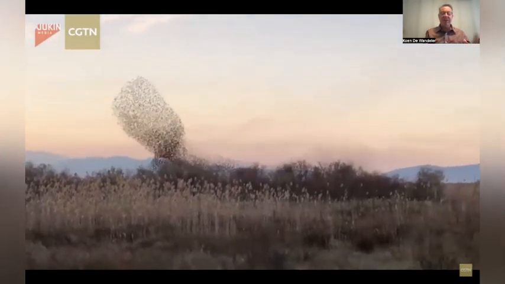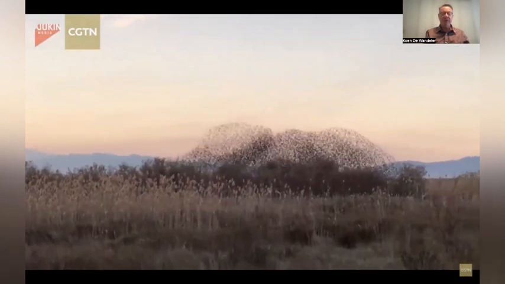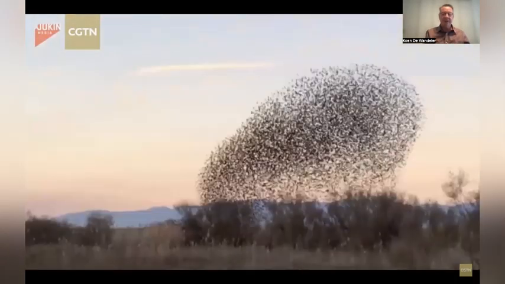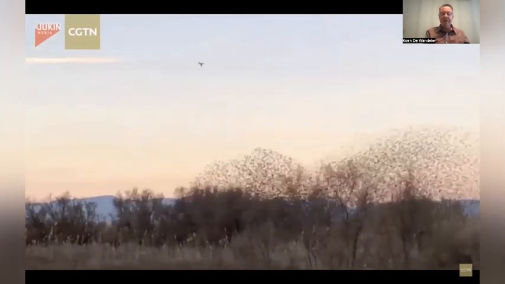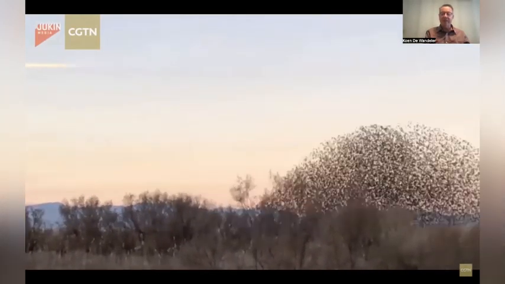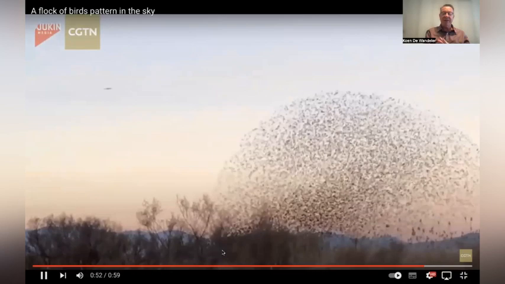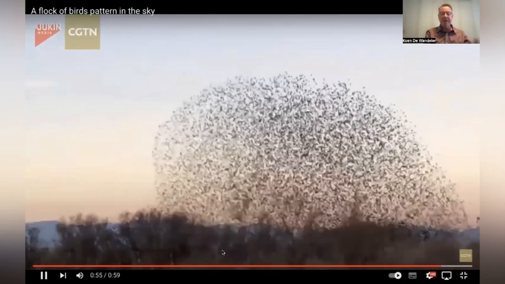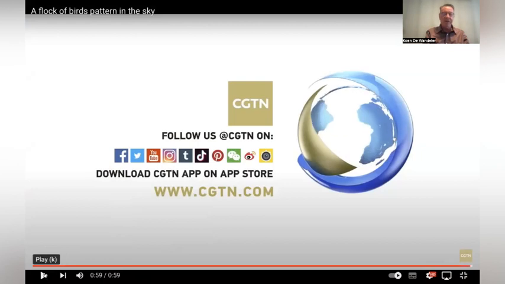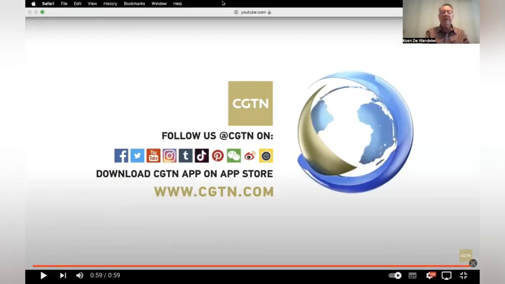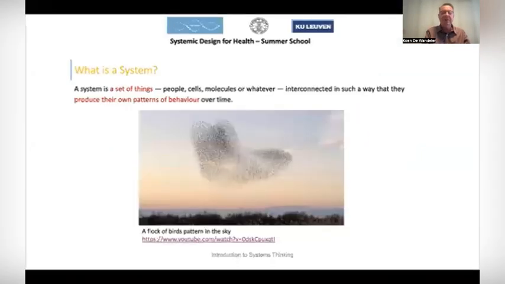They just assemble in large numbers to chase away birds of prey that may attack an individual starling, and they chase them away before they settle in a brooding ground, before they go to sleep, basically.